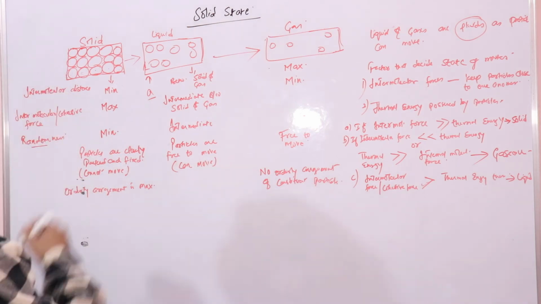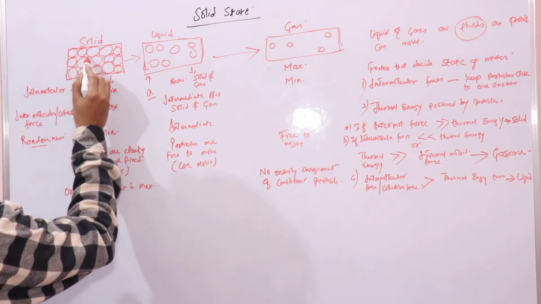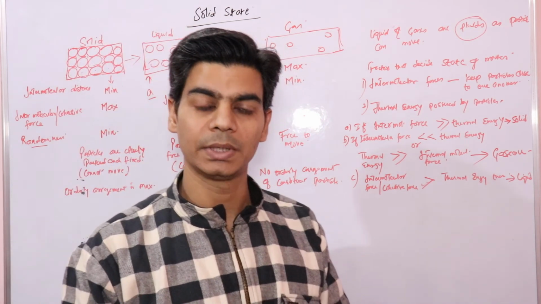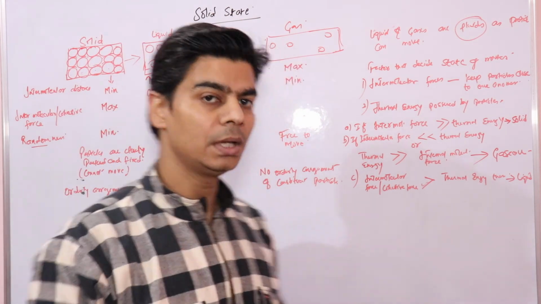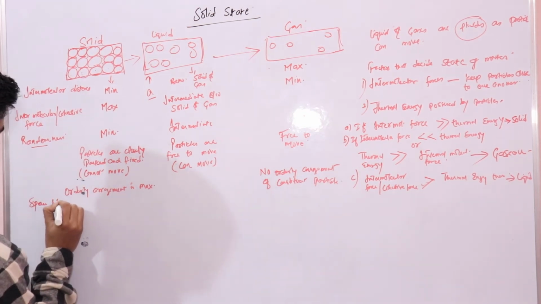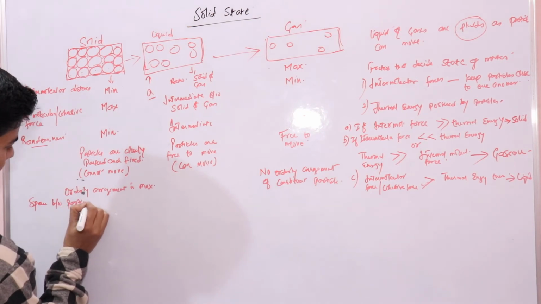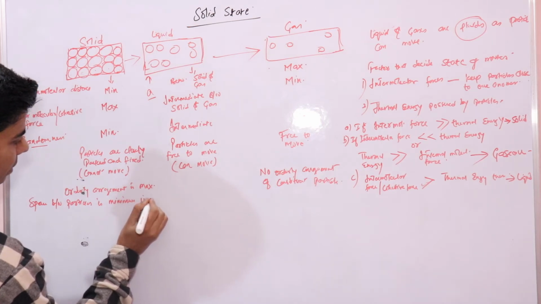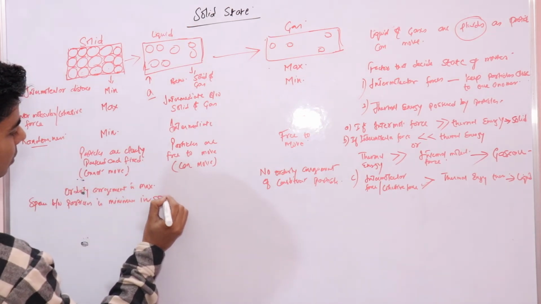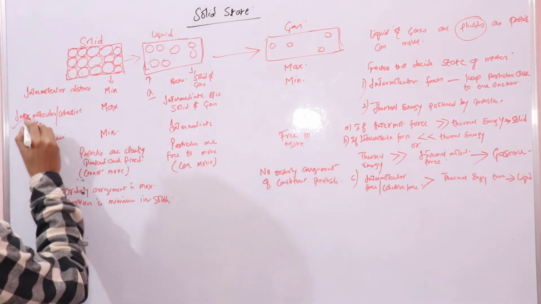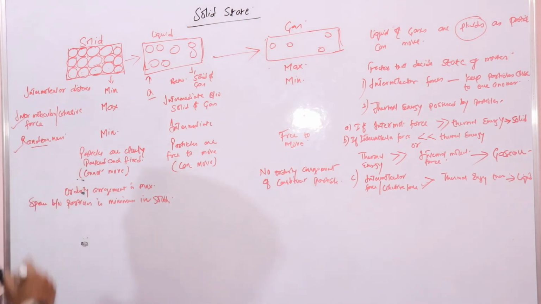Since the intermolecular distance is minimum, the space or the volume between the particles is minimum in case of solids. So we say space between particles is minimum in solids, right? Space between the particles is minimum, intermolecular force is maximum and randomness is minimum.